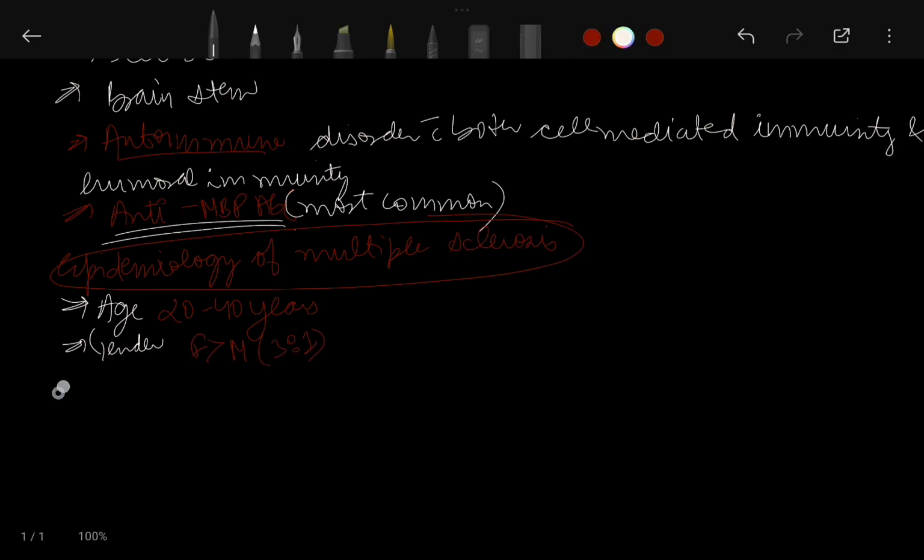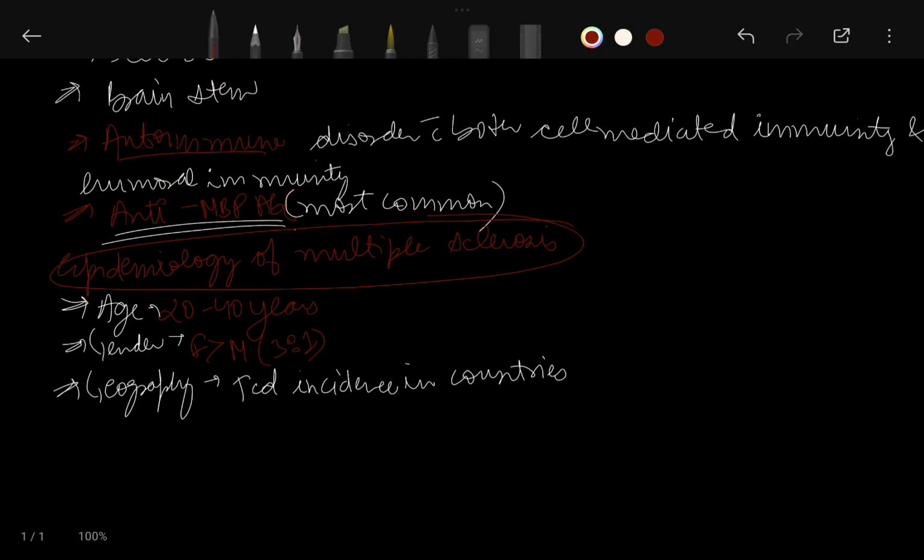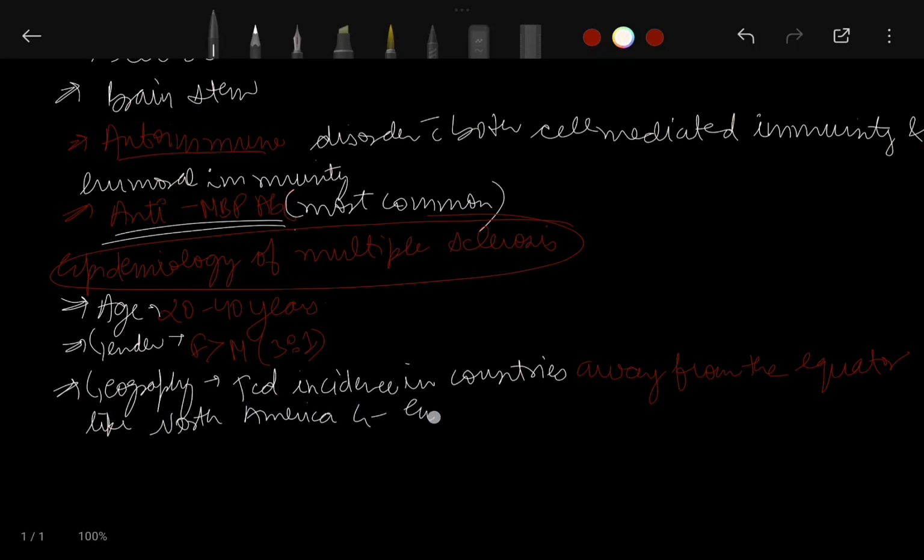Geography-wise, there is increased incidence in countries away from the equator, like North America and Europe. They are the most affected sites for multiple sclerosis.